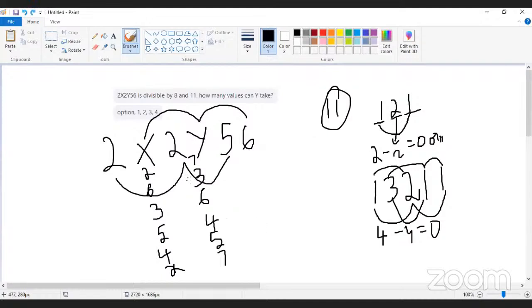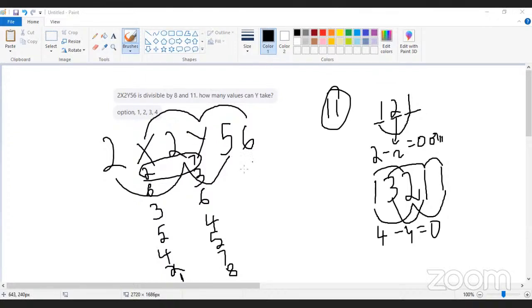Now, tell me what number should come in place of y out of this sequence so that it should be divisible by 8. The last 3 digits should be divisible by 8. Can I take 8 and 1? 8 and 1 is also possible, or 1 and 8. Is 56 divisible by 8?